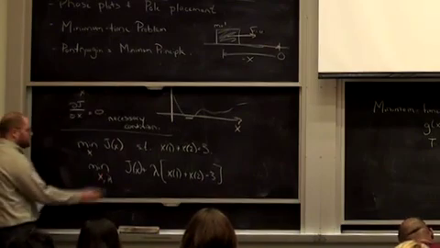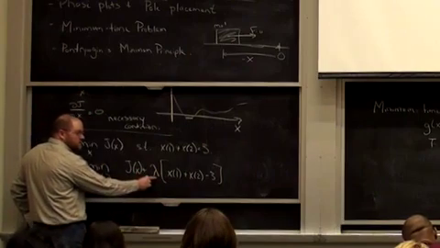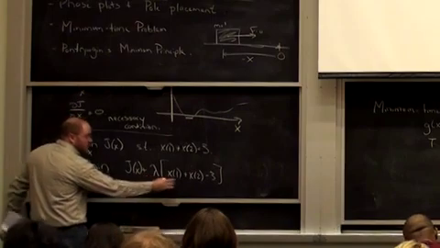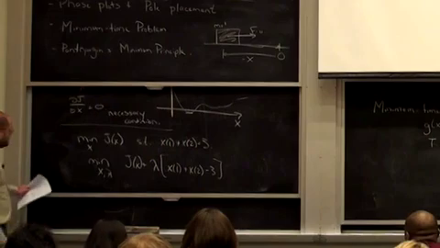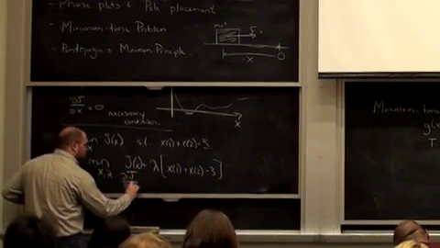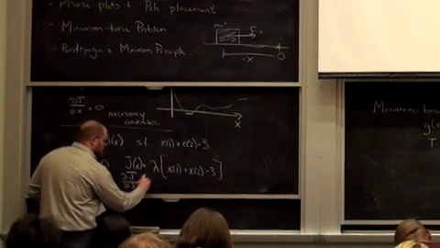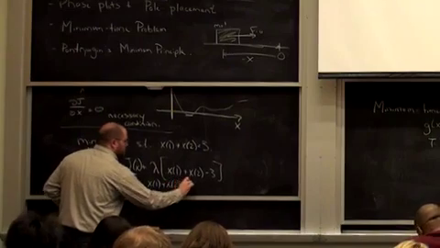It turns out if partial J partial lambda equals 0, then that means the constraint is enforced. Partial J partial lambda here is x1 plus x2 minus 3.